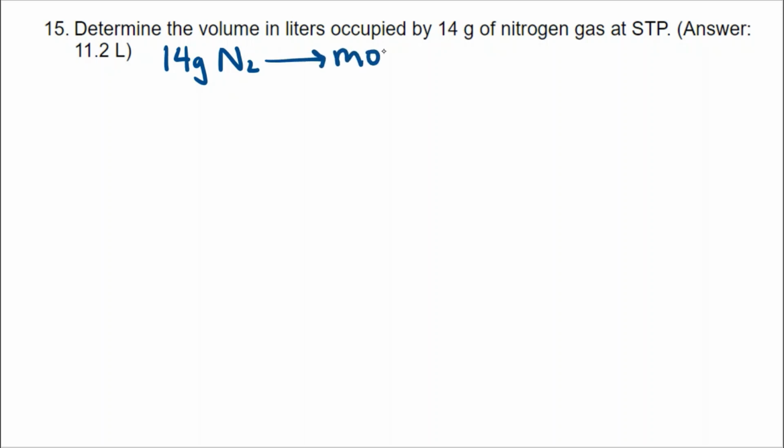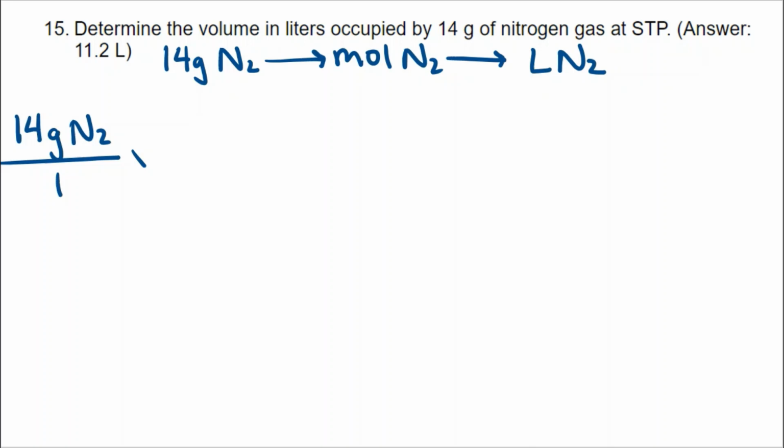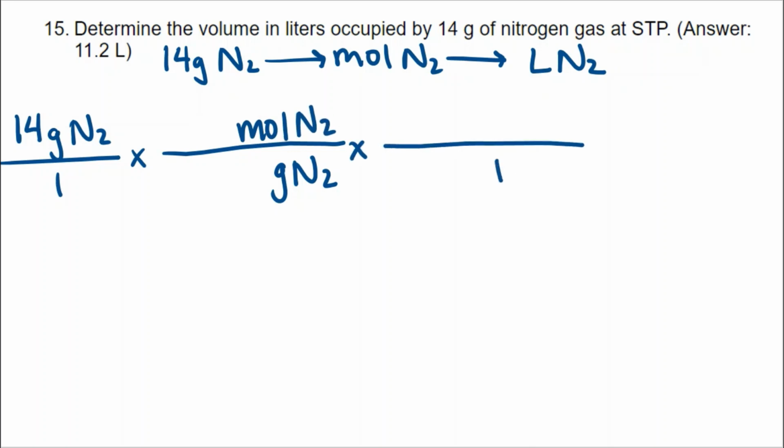We're going to go from grams of nitrogen to moles of nitrogen and then into liters of nitrogen. So starting with our 14 grams of N2, we want to first change grams of N2 into moles of N2. Then we can convert moles of N2 into liters of N2.